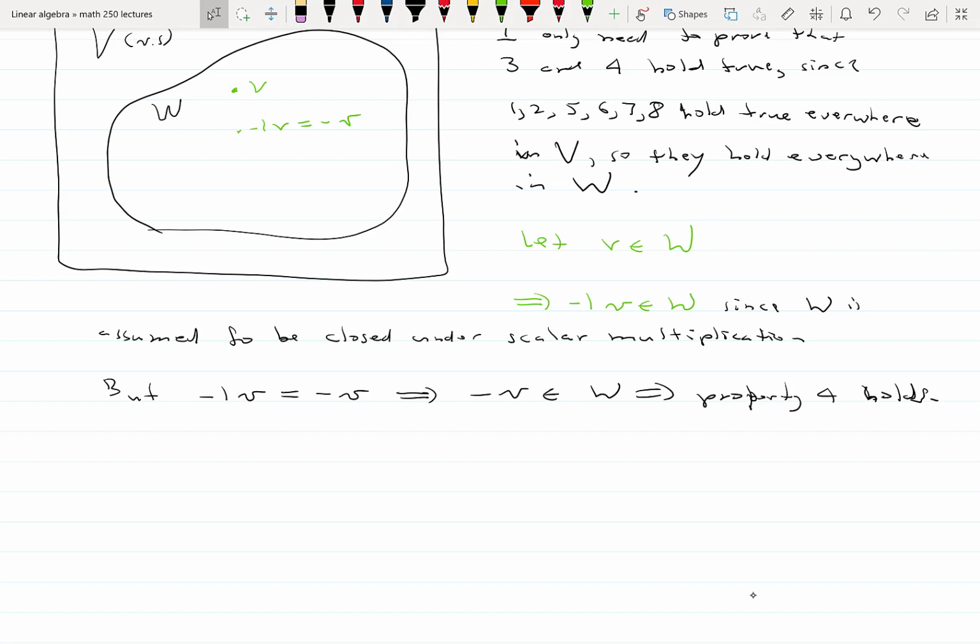So let's prove it. I'm already assuming that V is in there; I picked an element V out of there. I've also shown that the opposite of V is in there. So also V plus the opposite of V is in there.